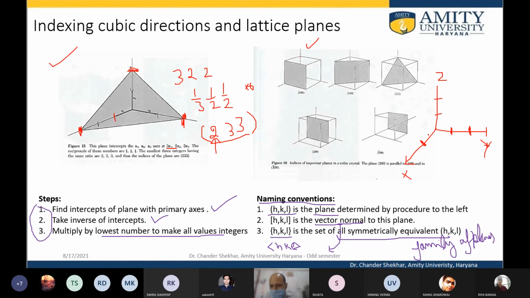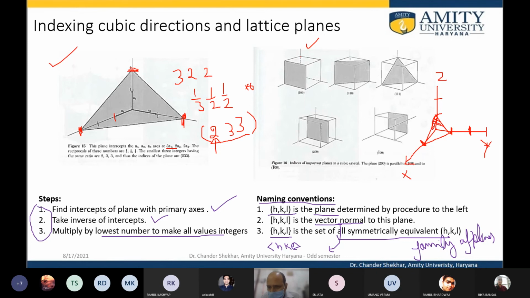Fine. Then I will join the points that identify the plane.